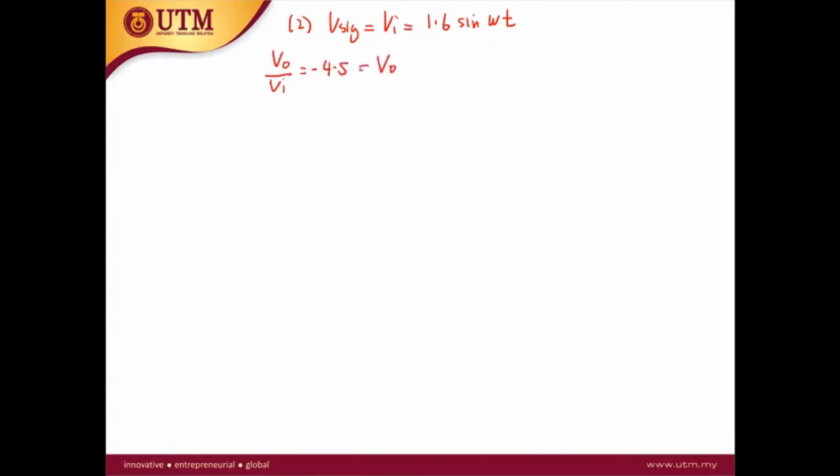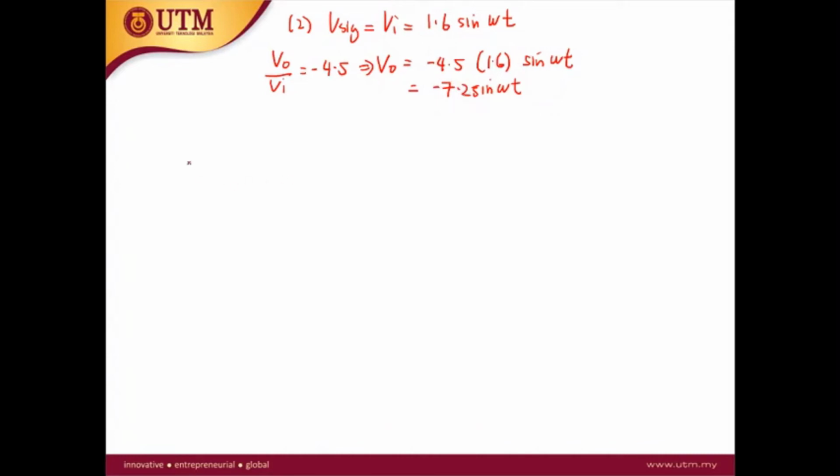So V out is equal to minus 4.5 times 1.6 sine omega t, which is equal to minus 7.2 sine omega t. So the output will have an amplitude of peak voltage of 7.2 volt.